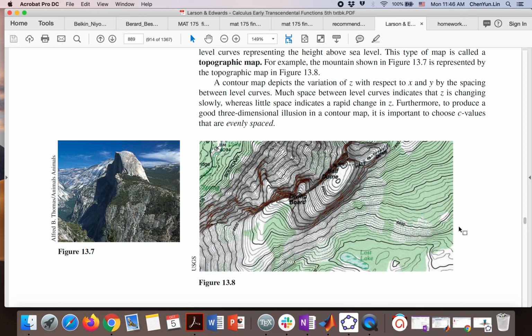I used a bunch of one-dimensional curves all together, and in my brain I put them together and I can tell information about this two-dimensional surface in R3.